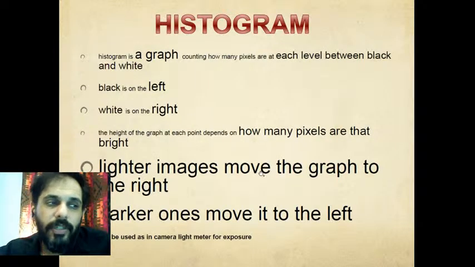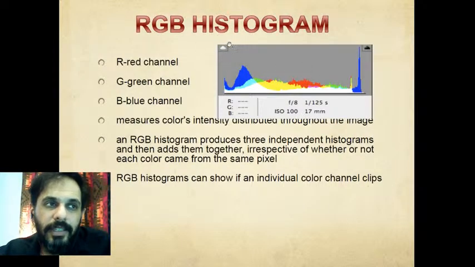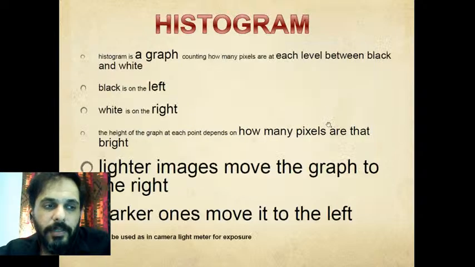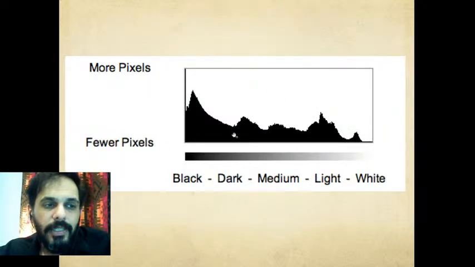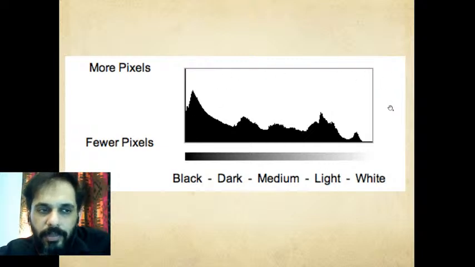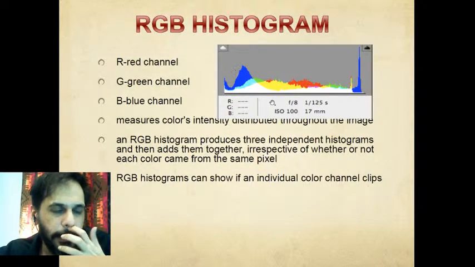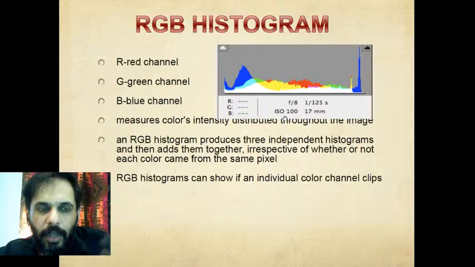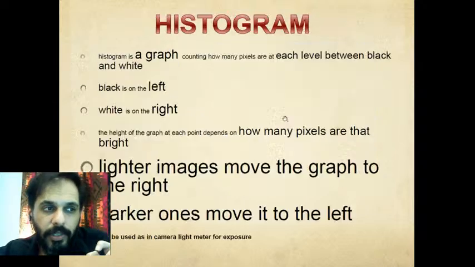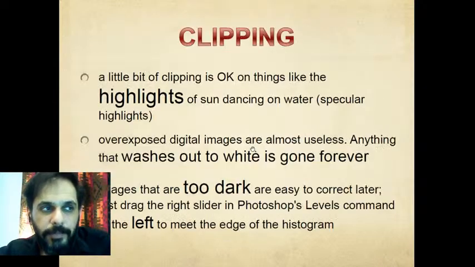Lighter will move to the right, darker will move to the left. This is how the colors look: black, dark, then medium, then light, then white. Here it's the other way around because it's a flipped area, it counts the other way around. But in reality it is like this.